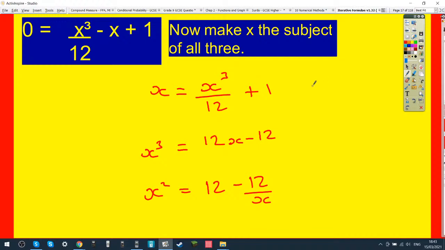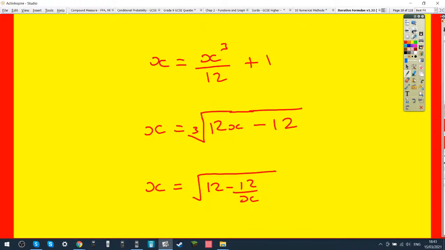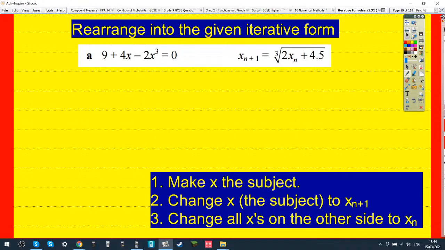And now the first one has x equals. Make all three of them x equals. So what would you have to do to the second one to make the left side x? Cube root both sides. And the last one? Square root both sides. That's it. x equals this one up here cubed, this one the cube root, this one square root.